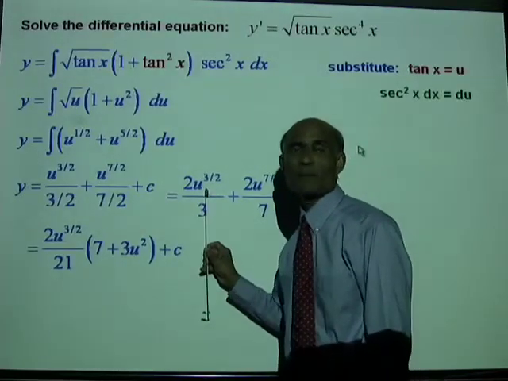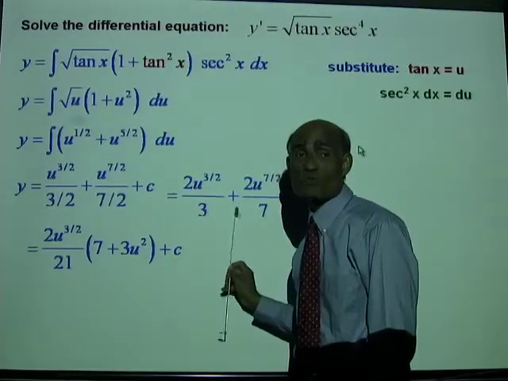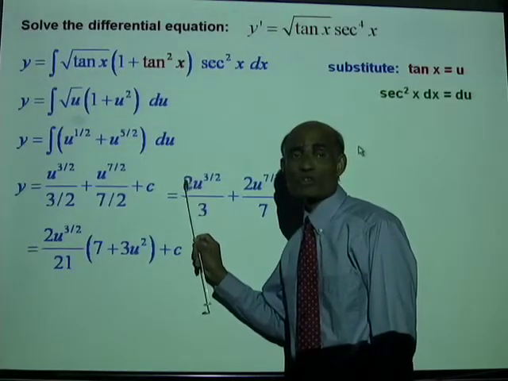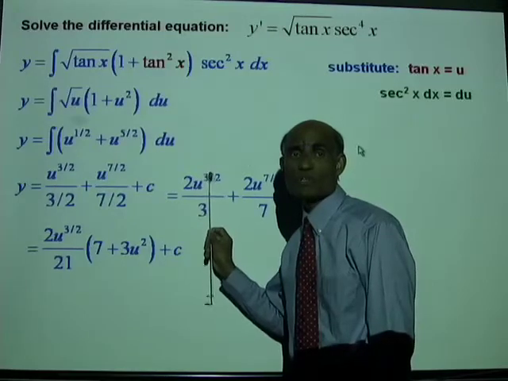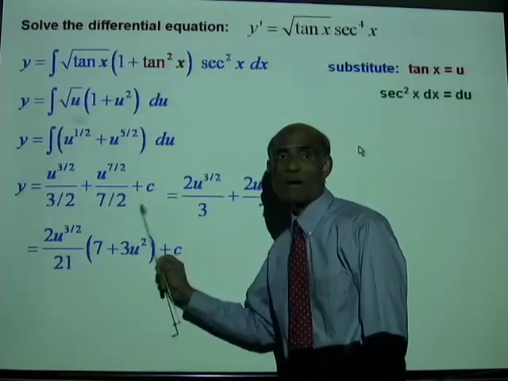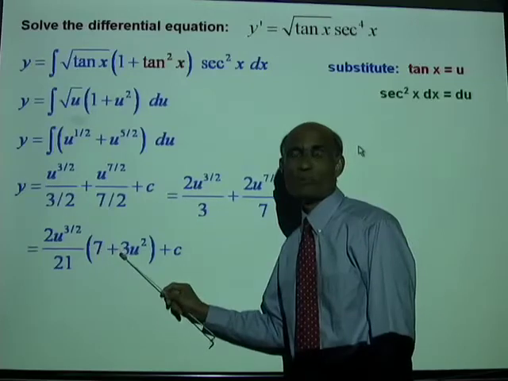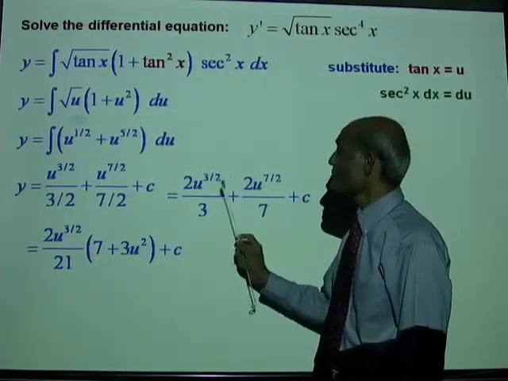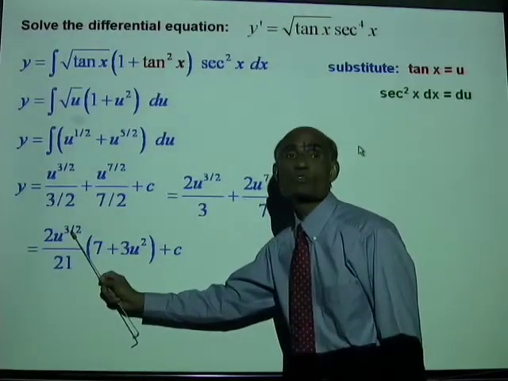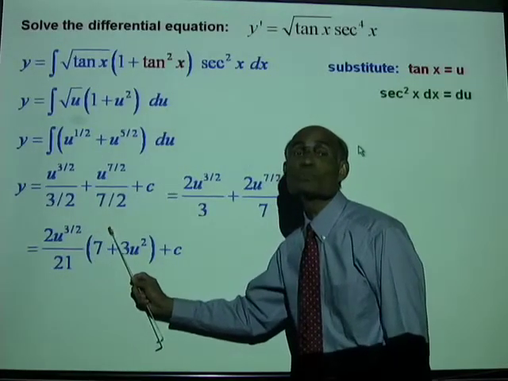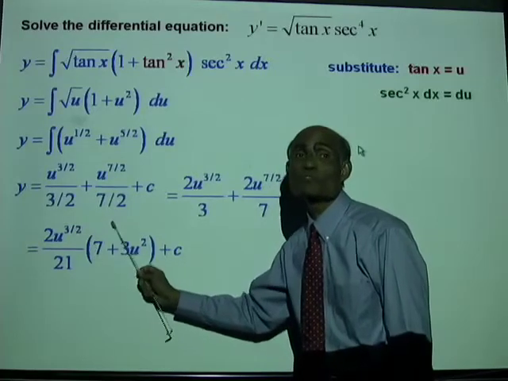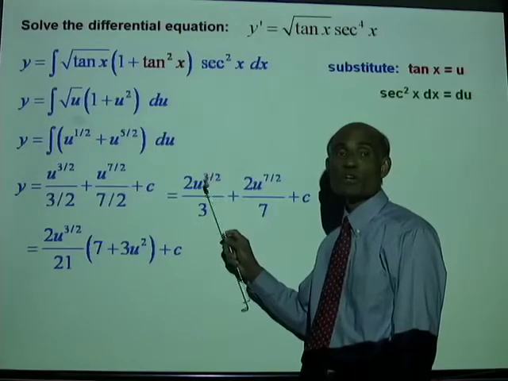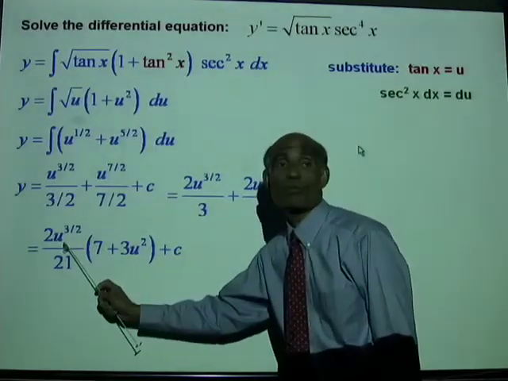Now what is left here? When you take 21 from the denominator, this will get multiplied by 7. So 2u to the power of 3/2 over 21 has come out, leaving a 7 here, plus. Now remember, 7/2 is 3/2 plus 2. Is that right? 3/2 plus 2 is 7/2. So from u to the power of 7/2, you take out a u to the power of 3/2.